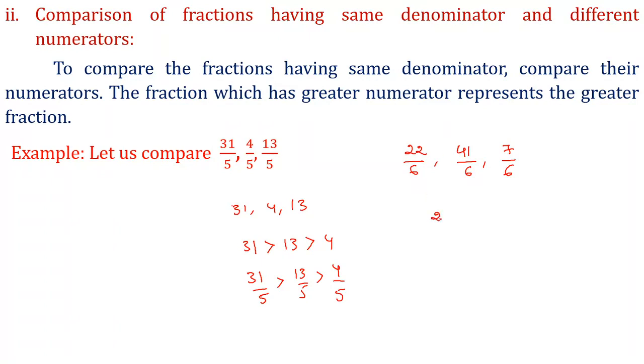So 22 by 6 is greater than 7 by 6, but 41 by 6 is more than all. So 41 by 6 is greater than 22 by 6 is greater than 7 by 6. This is the procedure to find out which one is greater and which one is less if the fractions have the same denominator and different numerators.